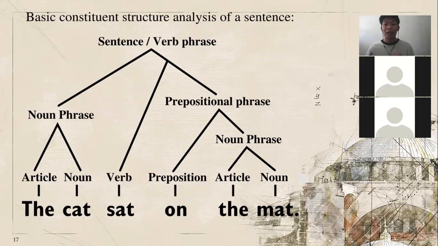So it depends upon the case of the sentence. There are other sentences where a verb phrase does not contain any prepositional phrase or noun phrase anymore. It's just a pure verb phrase. Verb, call that a verb.